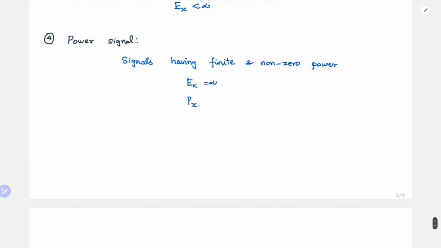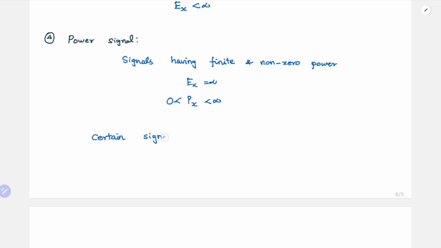And your Px should be less than infinity, and also greater than 0. And it is also possible that certain signals are neither power nor energy signals.